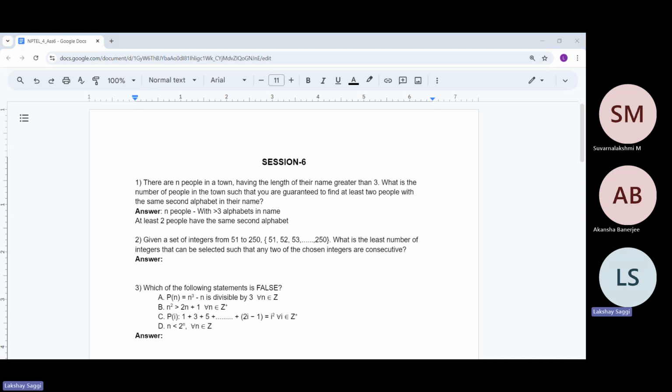Any guesses? Would anyone like to guess the answer for this in the chat? More or less, all the questions today will be of this flavor, where we'll need to apply the pigeonhole principle. So this is a good warm-up exercise, I believe.